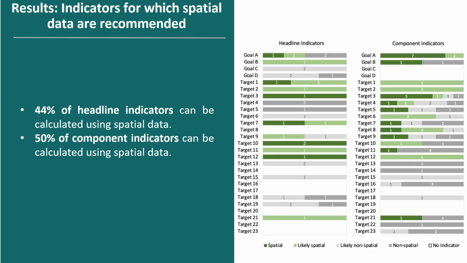So why is this important? Essentially, this analysis shows us that spatial data is critical to monitoring and reporting on national action to achieve the global biodiversity framework. Next slide.